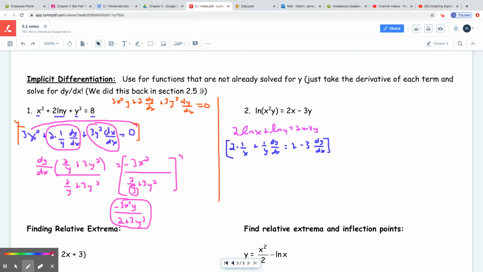So if I multiply everything by xy, why did I pick xy? Because that's x and y here.